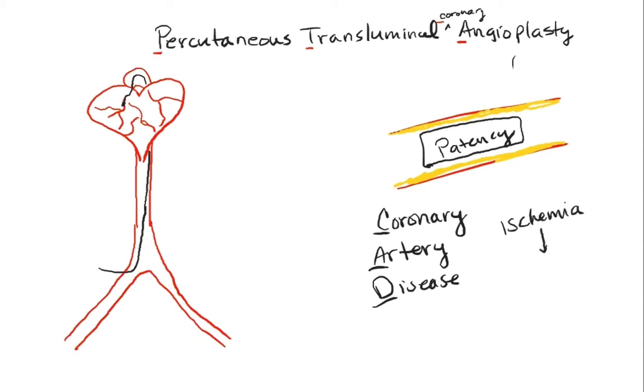That contributes to angina, which is a chest pain. And if we don't fix this, if we don't do a PTCA, which is this procedure, or if we don't change or modify our dietary habits, or if we don't give them medications like nitroglycerin, then eventually that angina will develop into a myocardial infarction.